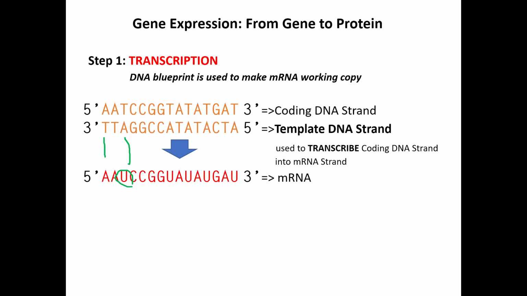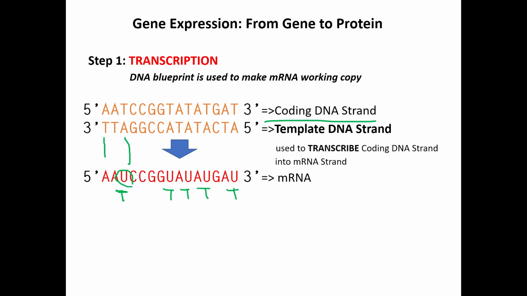And if we replace here, just for clarity reasons, the U's with T's, what we see then is that the messenger RNA that was generated as a complementary copy of the template strand is an exact match of the coding strand of the DNA.